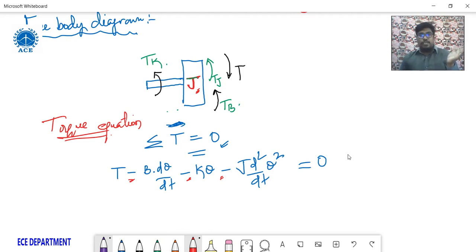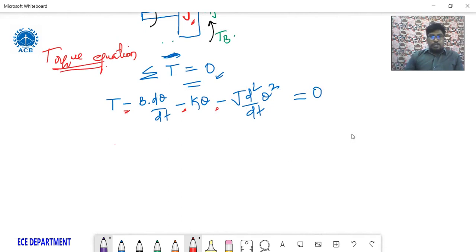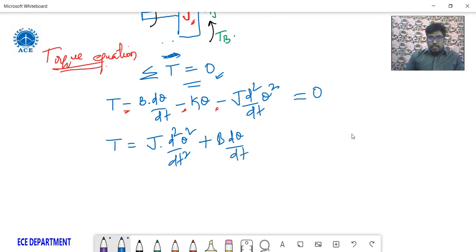So if I consider this, torque T is equal to, order-wise, J d square theta by dt square plus B d theta by dt plus K theta.